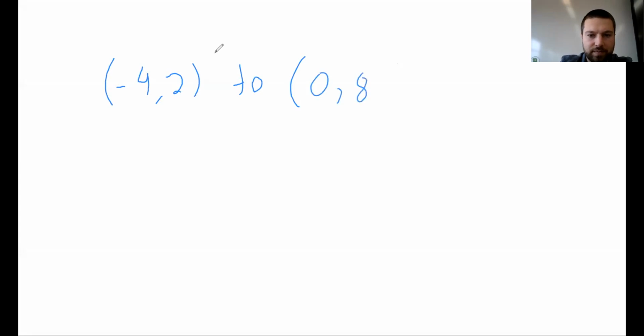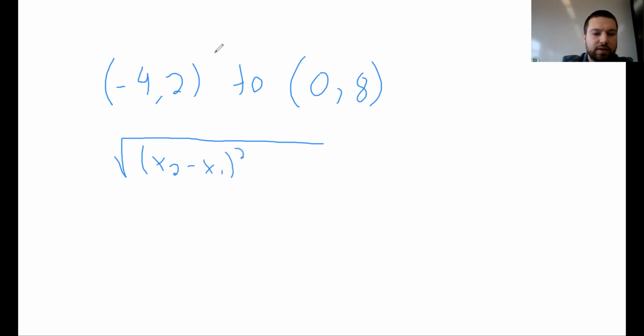Over to 0, 8. Okay? So our distance formula is the square root of x2 minus x1 squared plus y2 minus y1 squared.